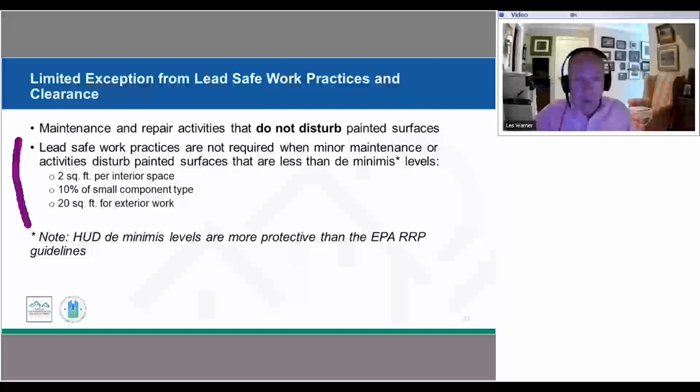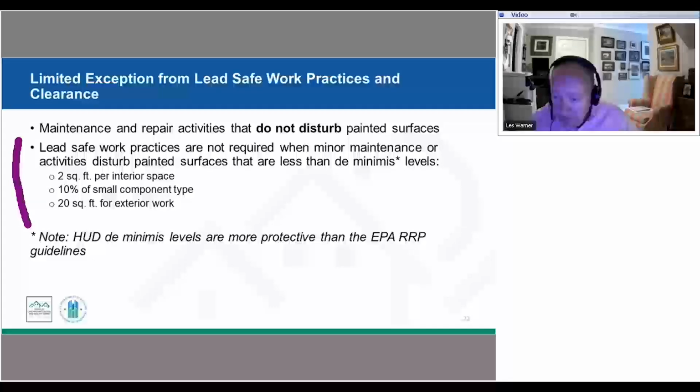So, a statement of, this is exempt because of not disturbing any painted surfaces. If you can include a photograph as part of that, that certainly would help. And the same sort of thing with de minimis: you could be measuring out the area that's going to be involved and determining based on that whether it is going to fit within the de minimis rule or not.